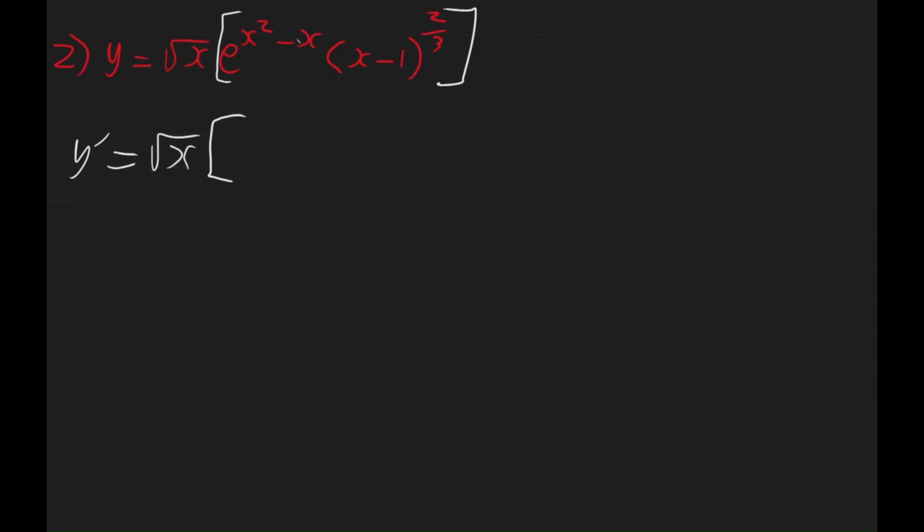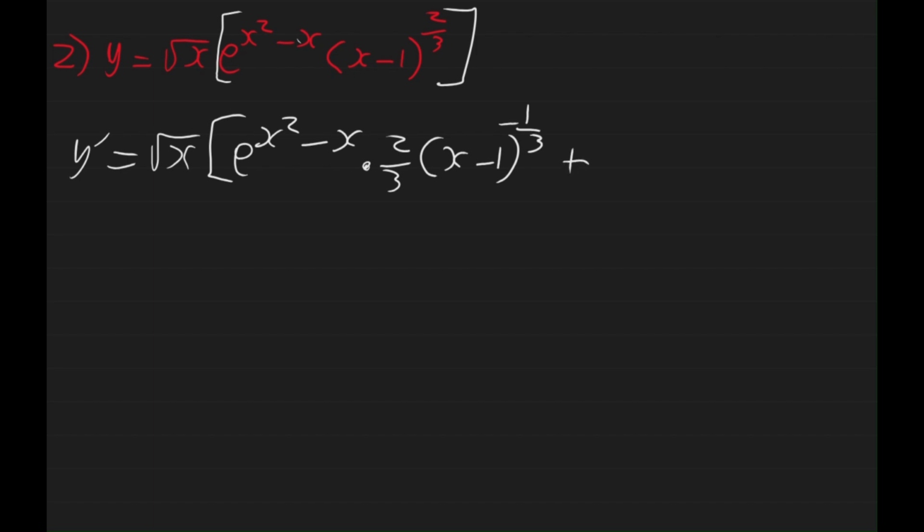The second function is also a product, so we are going to use a product rule here. We're going to say the first x power 2 minus x multiplied by the derivative of the second, which is 2 over 3 x minus 1 power 2 over 3 minus 1, going to power negative 1 over 3.